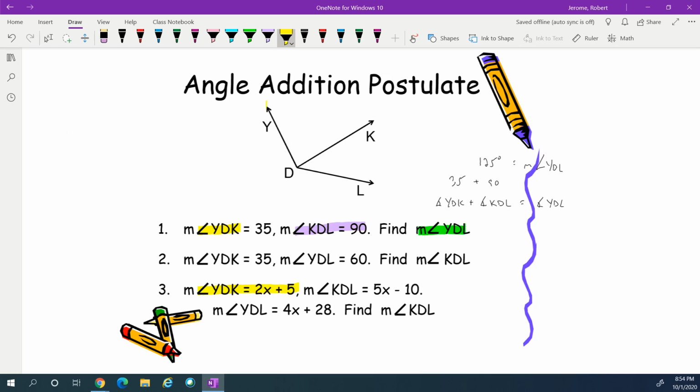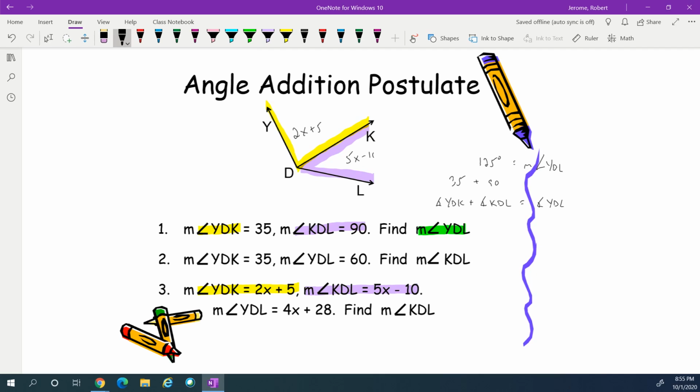YDK. And that angle is 2x plus 5. KDL. Well, that's the one right next to it.